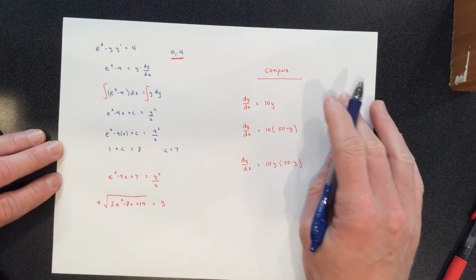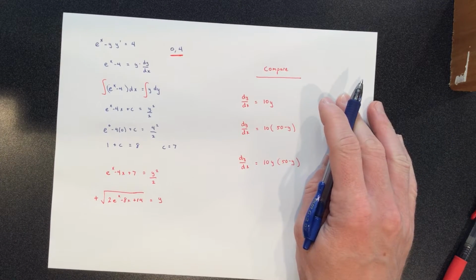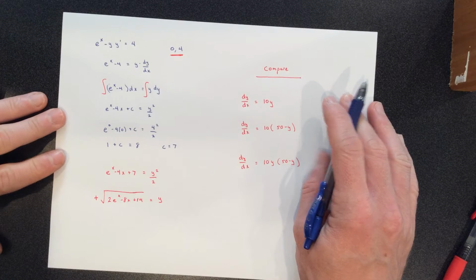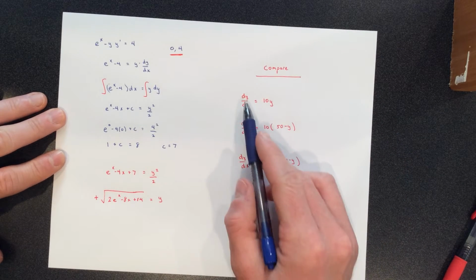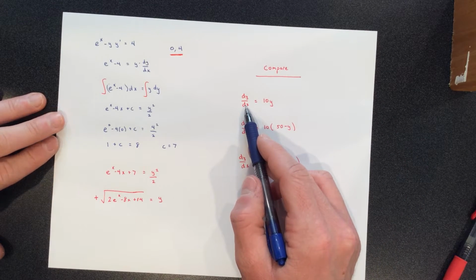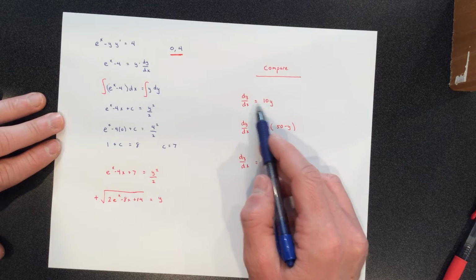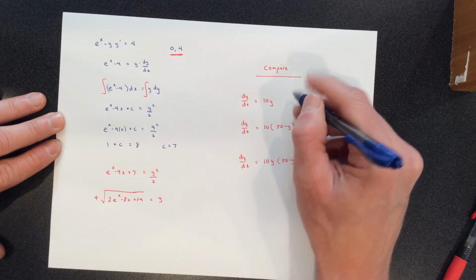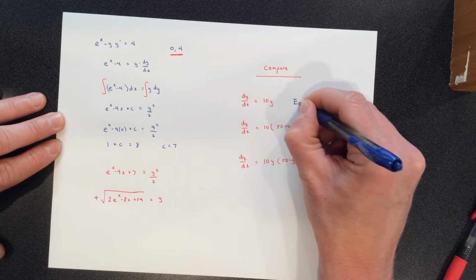I want you to recognize and be able to compare and contrast these things. Okay, this, the rate of change of the population is proportional to the population. This is exponential growth and decay.